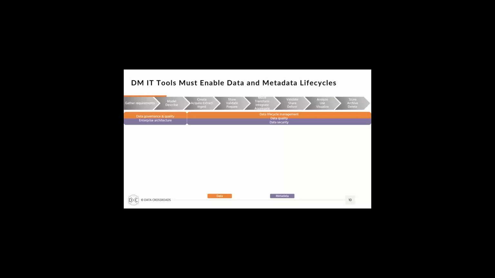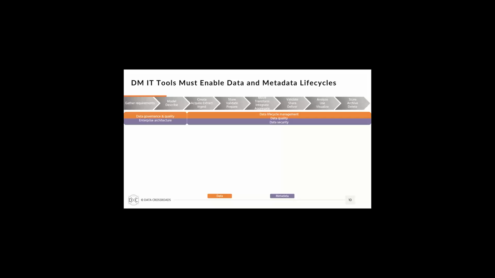Let me demonstrate this point using this slide. So we started with the data lifecycle. A data lifecycle is a model that describes the core processes. It's also worth noting that there is no standard data lifecycle model. It can depend on the industry and on your organization's business.